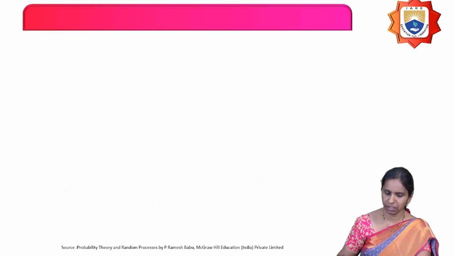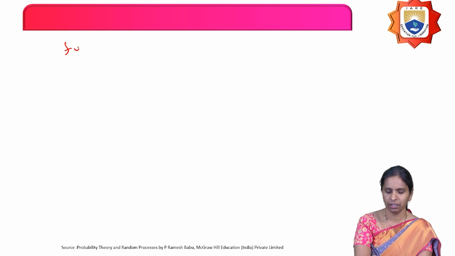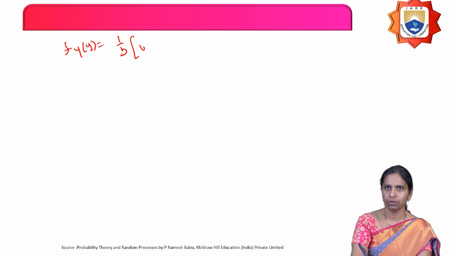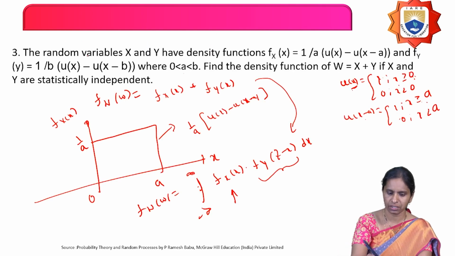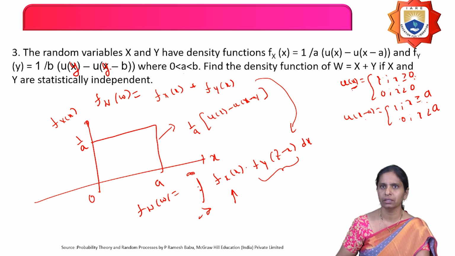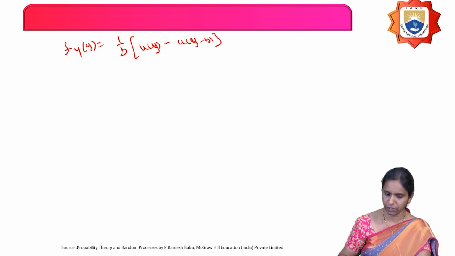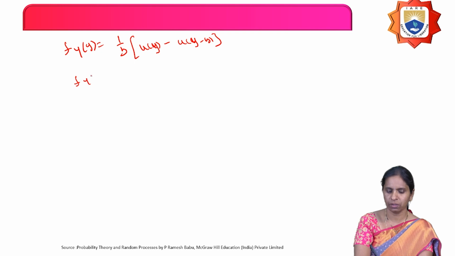So what have they given? They have given that f_Y of y equals 1 by b into u of y minus u of y minus b. So this is the f_Y of y. Now f_Y of x is nothing but 1 by b.